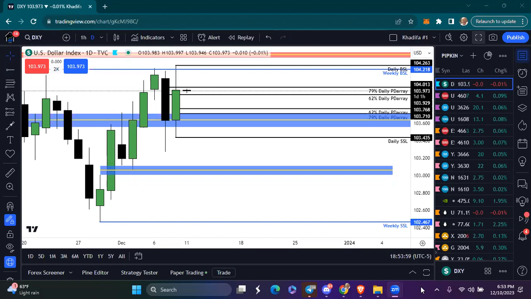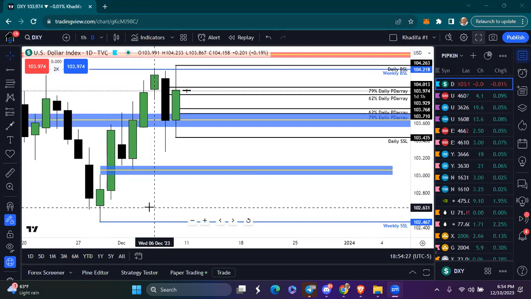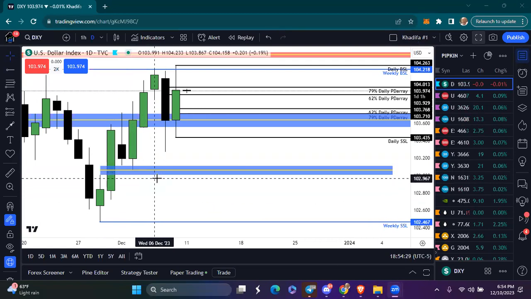So, just to let you know from the gate, my weekly bias for the dollar index this week is bearish. I would like to see the dollar index push lower. I'm targeting this area here, which is a daily fair value gap. Price has not been efficiently delivered to that area, right?